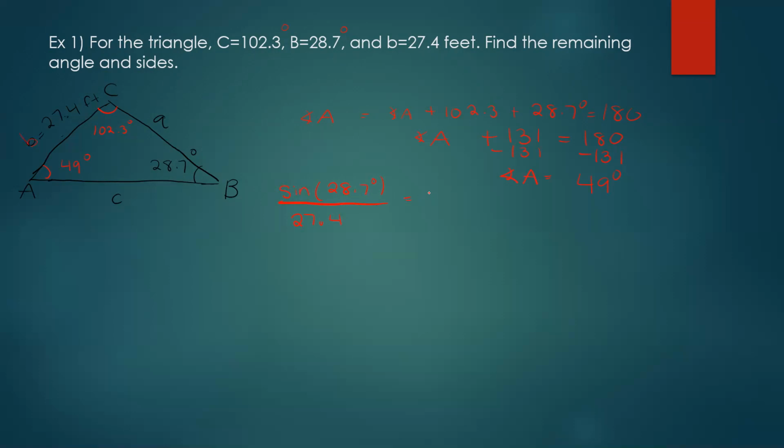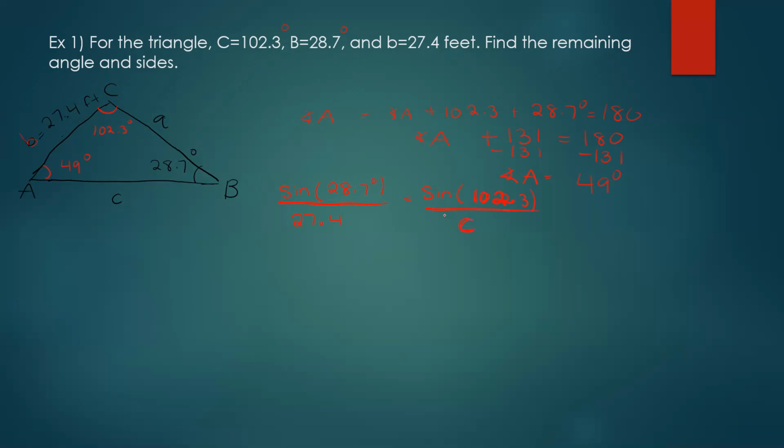Then we can say sine of C, which is 102.3, over the missing c, lowercase c.